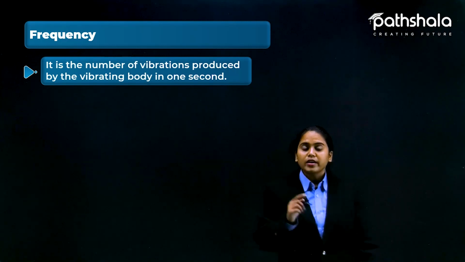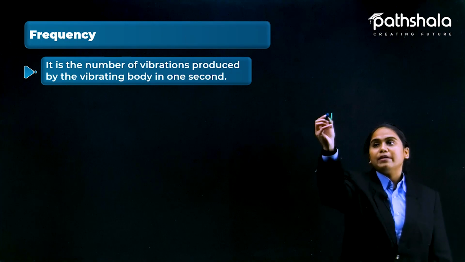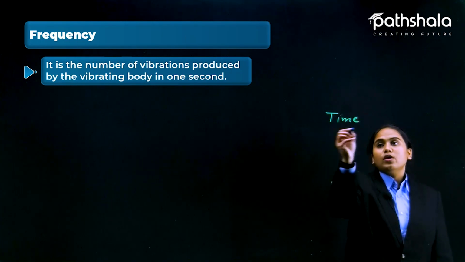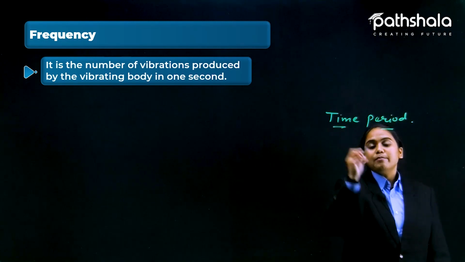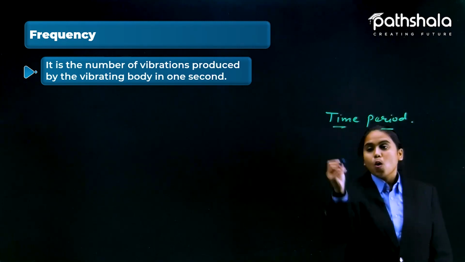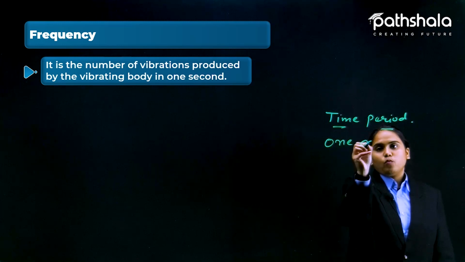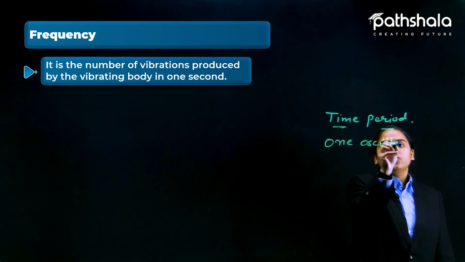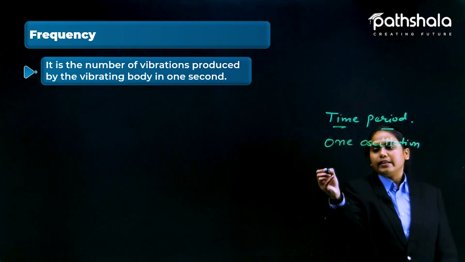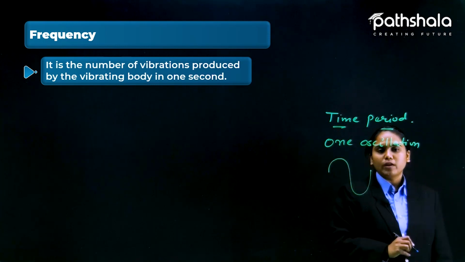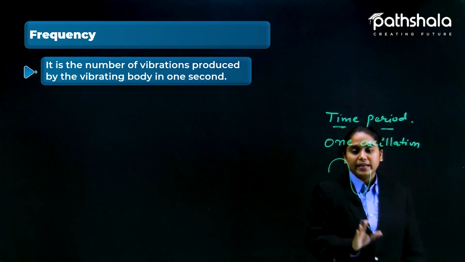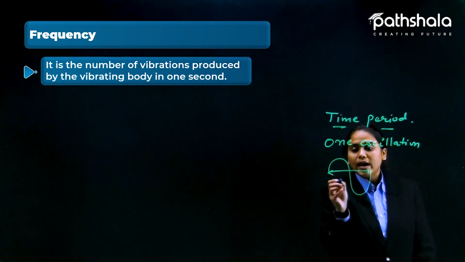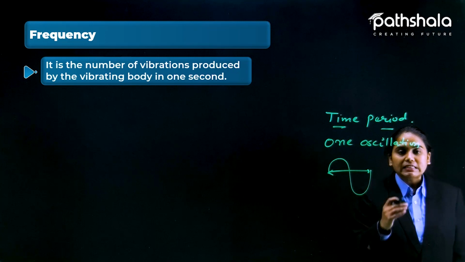Yes, of course, earlier we have discussed time period, and I know that time period is the time required to complete one oscillation. One oscillation is actually one vibration, like this. Okay, this is one vibration complete. So the time required for this wave to complete is very low, very less time.